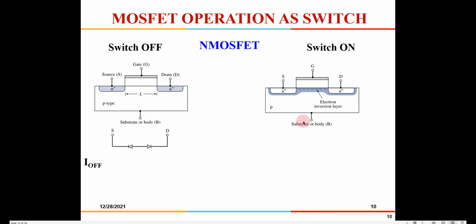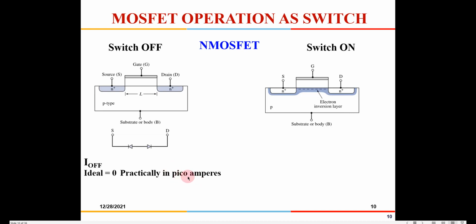Now current conduction can happen between the drain and the source. Ideally speaking, when you don't give any gate voltage, the I off should be 0. But practically we will see that some picoamperes of current will flow. You should ask me, why are we so bothered about picoamperes of current? It is because you have billions and billions of transistors in a single chip.